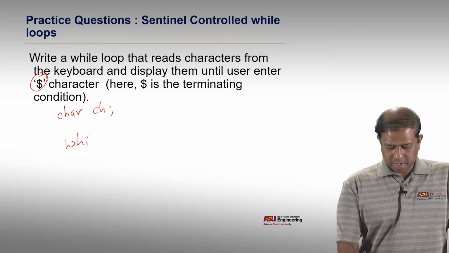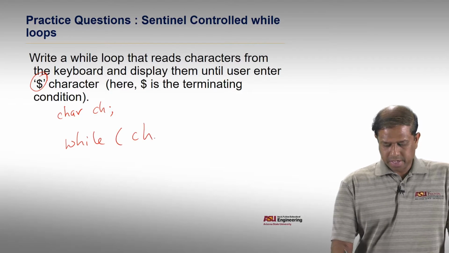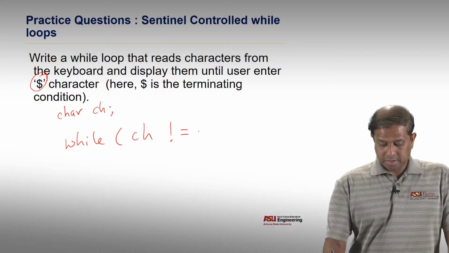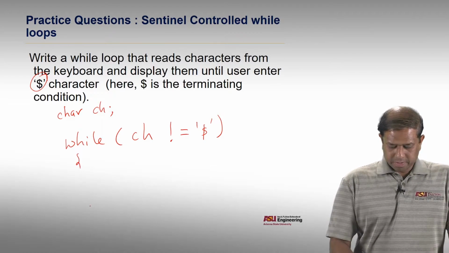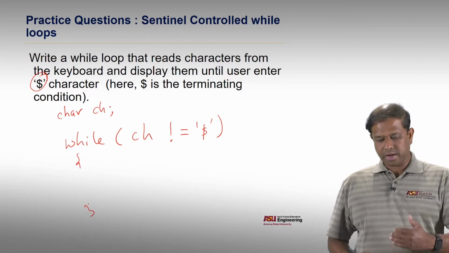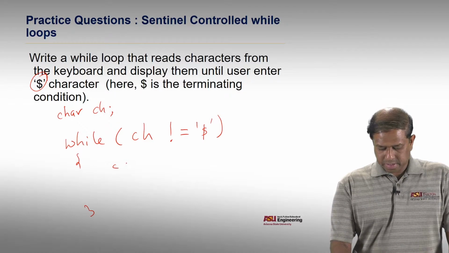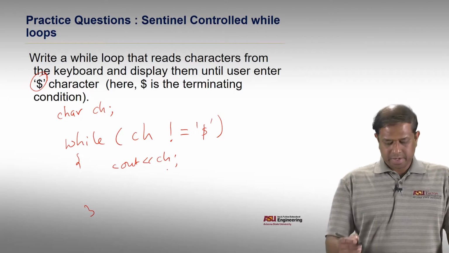So while ch not equals to the $ sign, we need to display the character that we read from the keyboard, so that means cout ch, and then read the next character.